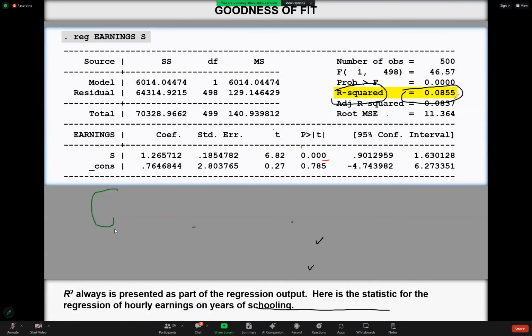We know R square shows the proportion of total variation explained by the regression model. Now in this example, R square is 0.085. Then what is the proportion of total variation explained by the regression model? Only 0.085 proportion has been explained by the regression model.